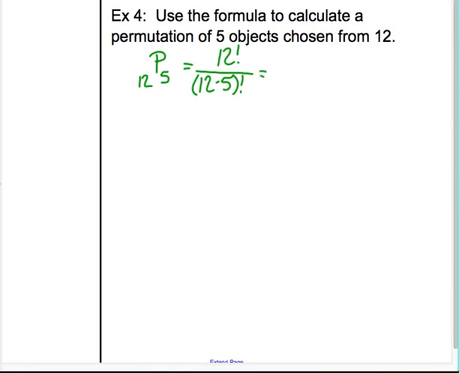So we can simplify our subtraction. And what ends up happening, again, when we expand, is that everything less than the number in the denominator, 7 factorial, will cancel with the 7 factorial. And so that would give us a total of 95,040.